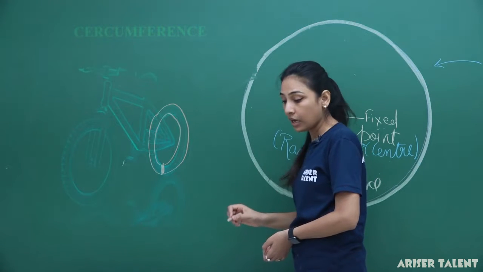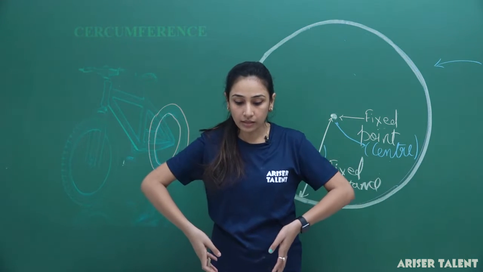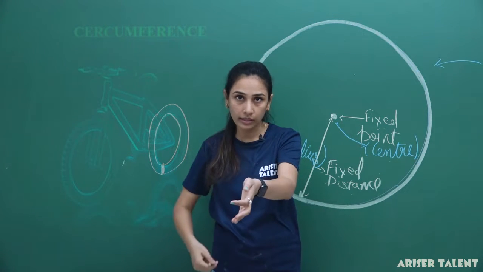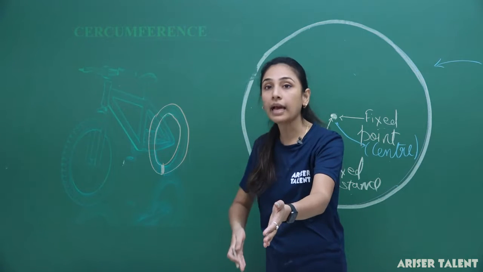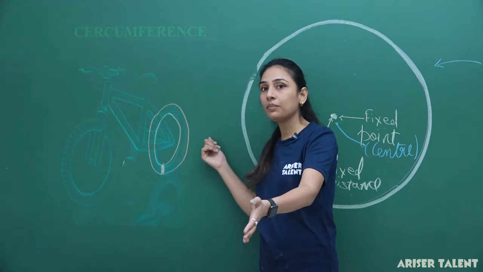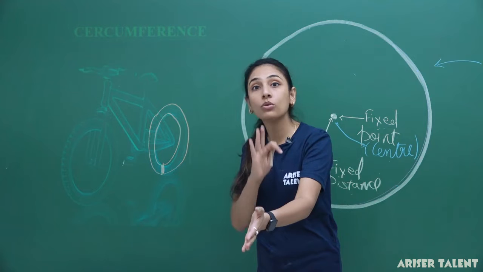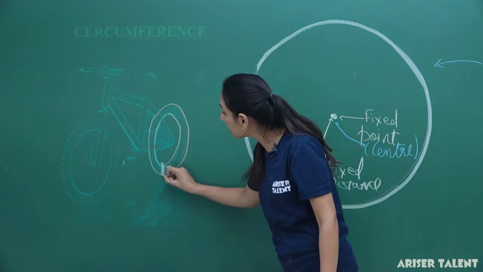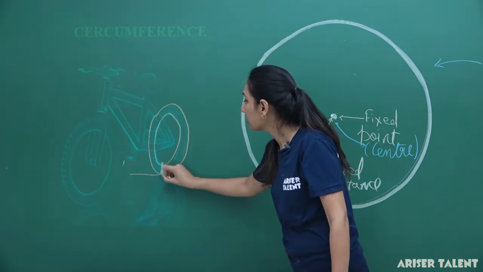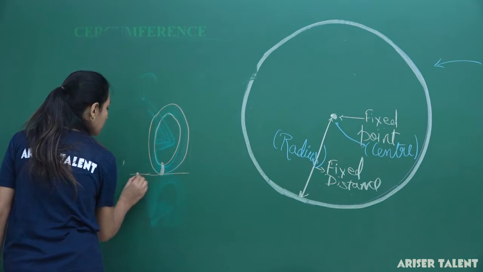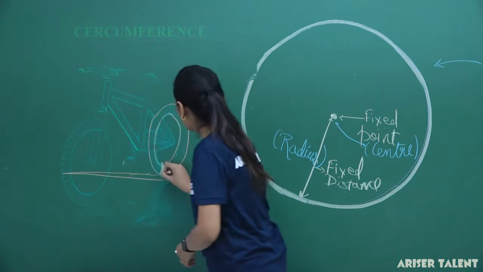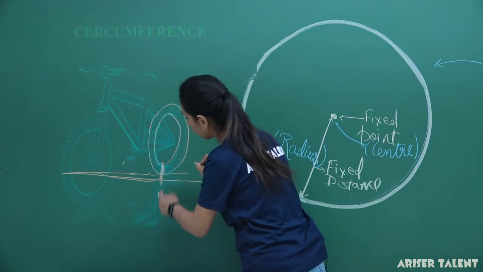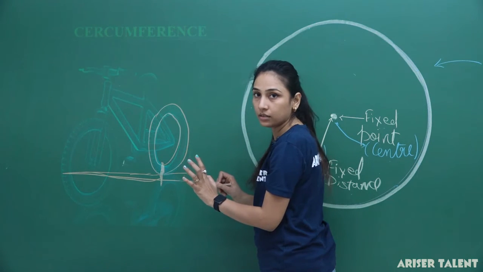Now, I have marked a line with maybe chalk or some stone that can mark, okay. So, I have marked a line here, and I am now riding my bicycle on that particular line, okay. Now, I started from the point, and this point was meeting exactly this line. This was the road, and I have marked this point, okay. Now, this line I have marked, and this was meeting this marked line, okay.